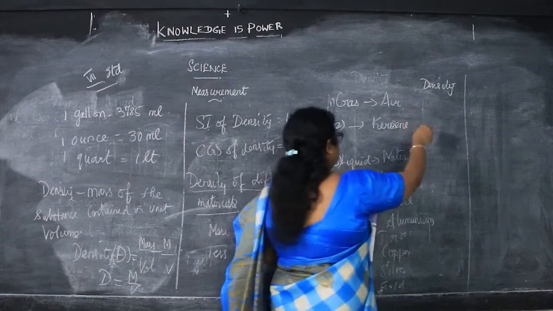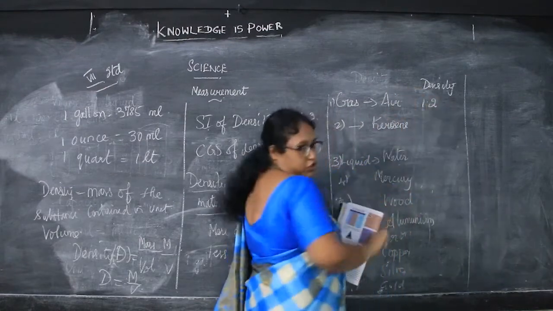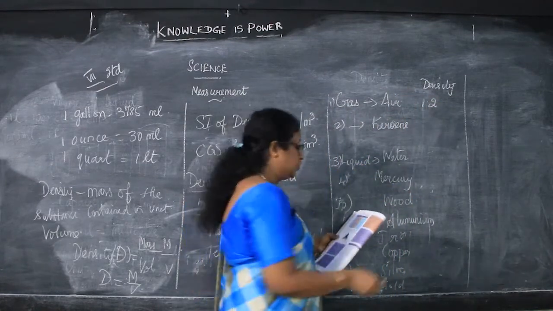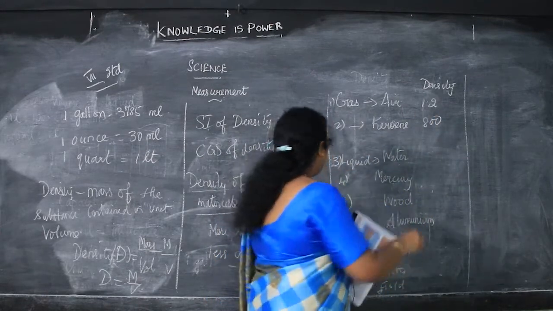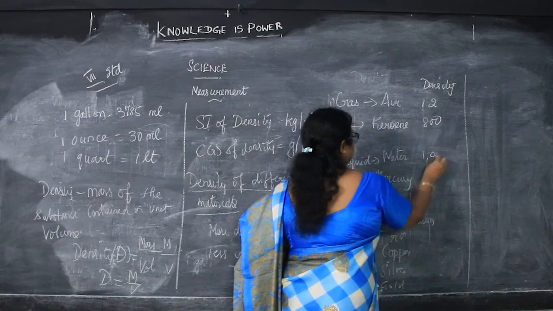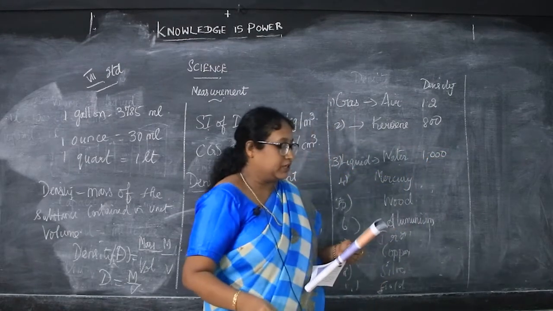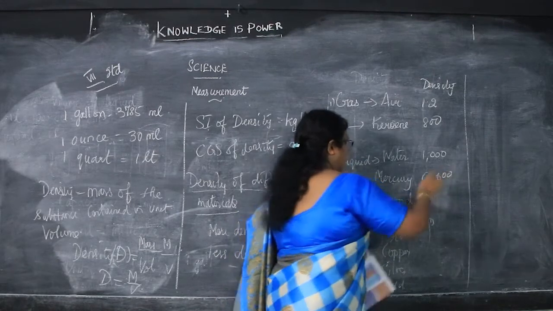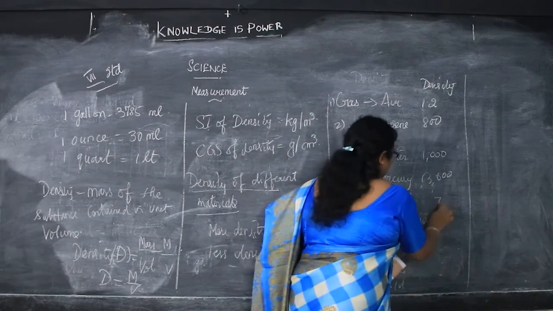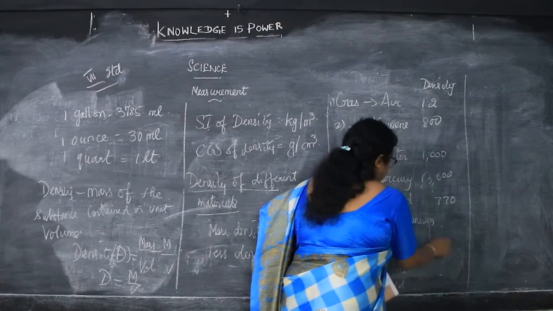For air it is 1.2, kerosene is 800, water is 1000, mercury is 13,600 and wood 770 and so on.